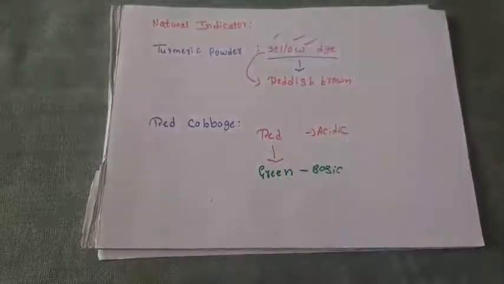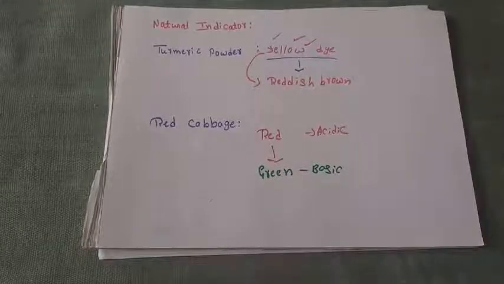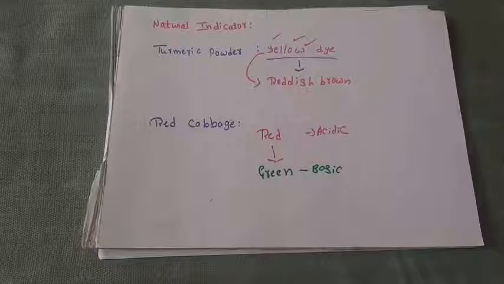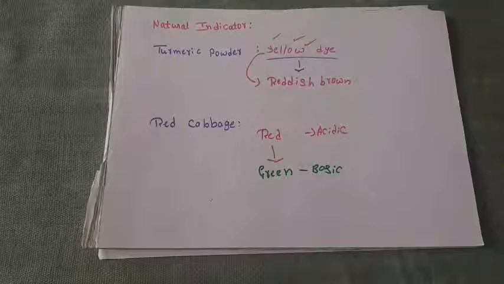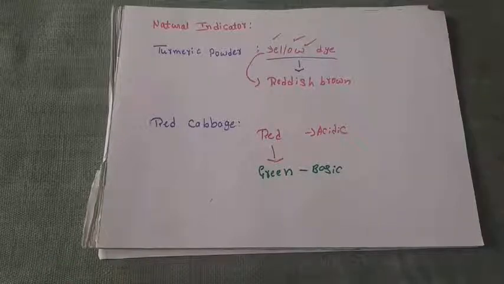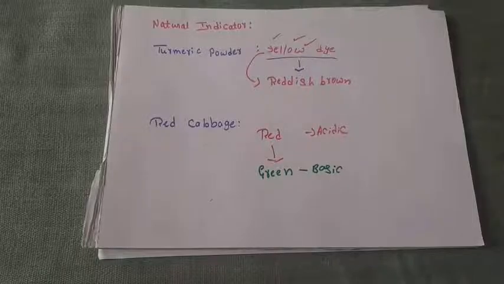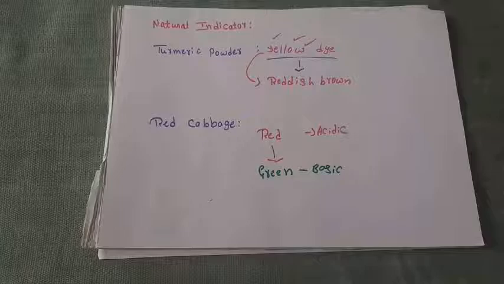This red cabbage also acts as an indicator. In acidic medium the red cabbage is red in color, but when you add some base, like soap, caustic soda, or washing soda, or the soda you use to prepare food, the red cabbage turns green.